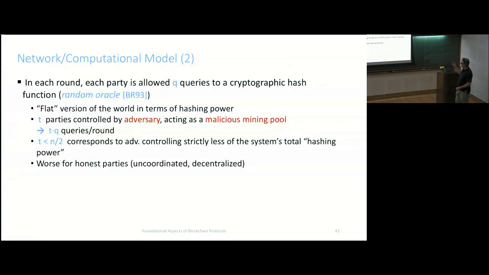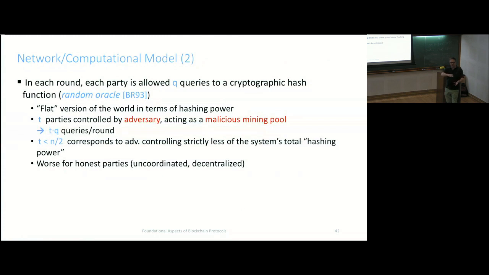And we're going to be assuming a flat world, meaning all the parties for now have the same computational power, so every party is going to have a Q bound. And the other side is going to be able to corrupt a bunch of them, call them T. So the aggregate number of queries the adversary can make, and the adversary can coordinate, looking for a solution.